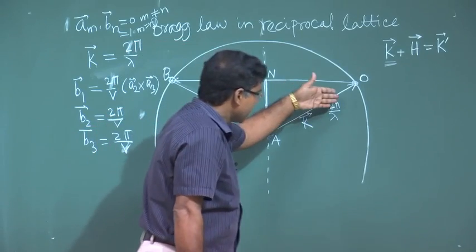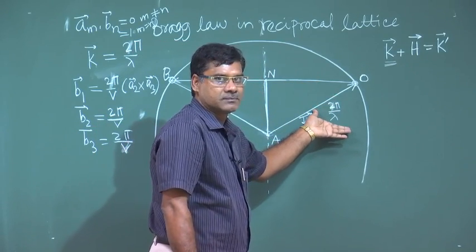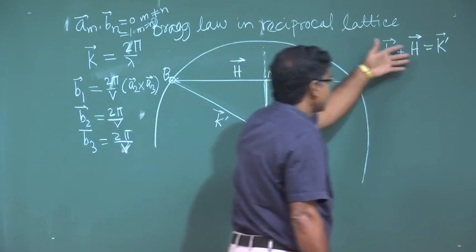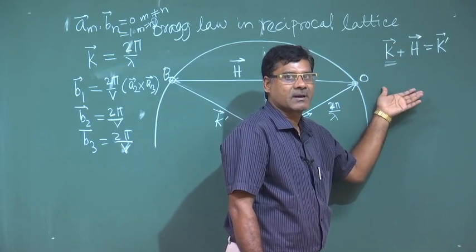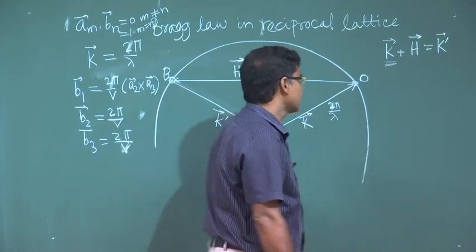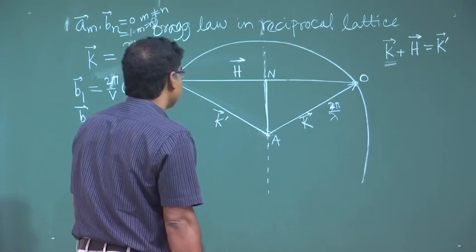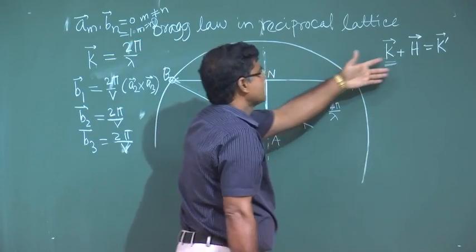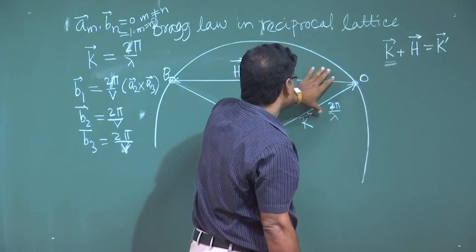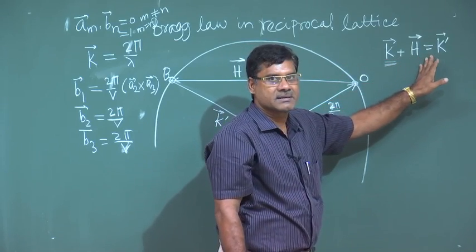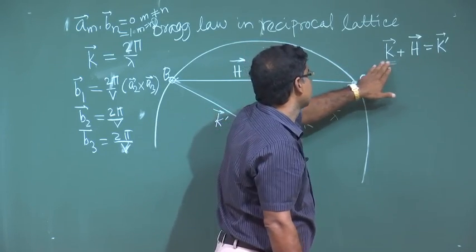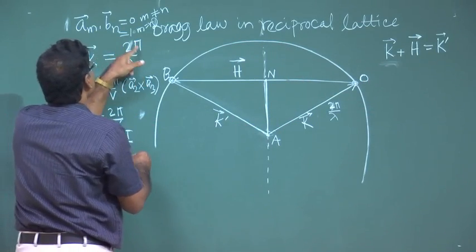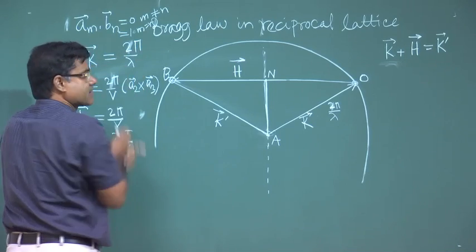Sometimes when you are writing equations, there you can include just 2 pi. That way also we can deal. So, this equation is basically for reciprocal lattice. Here k equal to 2 pi by lambda, and it has direction.